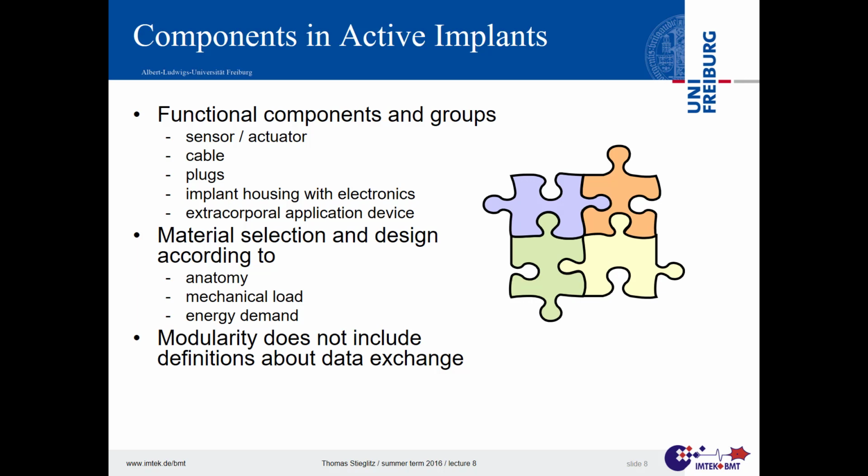On the material side, I already said we need to take the mechanics into consideration, and of course the anatomy. Depending on where this device goes, we have to meet boundary conditions so that the device is small enough.